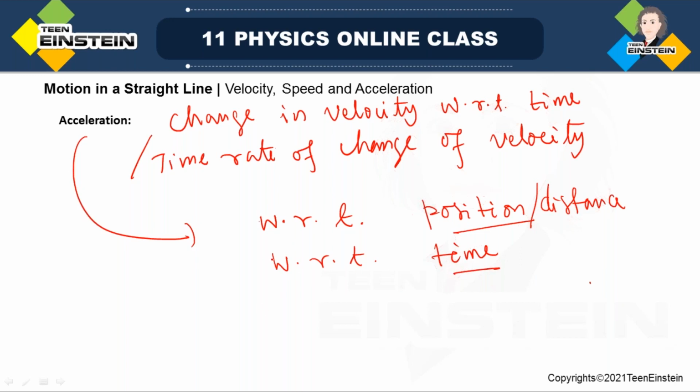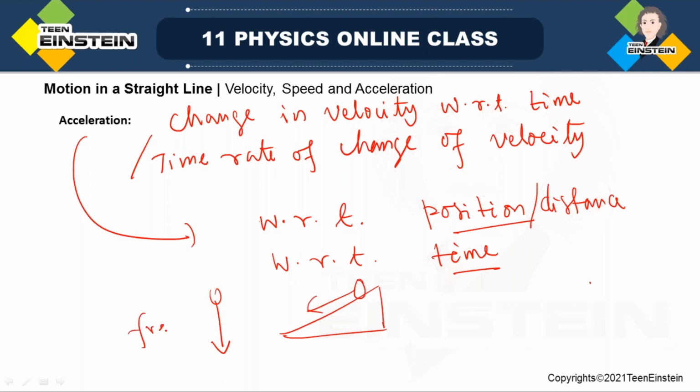This was a puzzle during Galileo's time, but he was intelligent enough to make a conclusion after doing a series of experiments on freely falling bodies and bodies moving on an inclined plane.